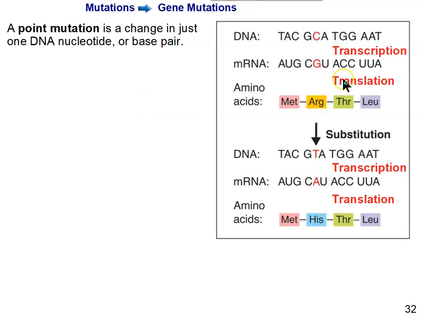It may affect one or two, but in general, we're talking about just a very small change in the DNA nucleotide sequence. And that can involve substitution, where one nucleotide is substituted for another. Insertion, where a nucleotide is squeezed in between two nucleotides. And deletion, where a nucleotide is completely eliminated.